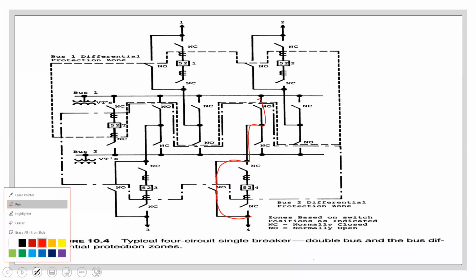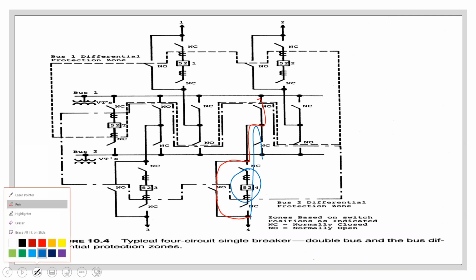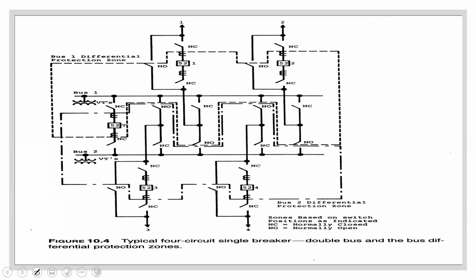Under normal circumstances, let me use the blue, I would have done this to 4. But if I have to take out the breaker, I would have gone where you have the normally open. So 4, as it is now, under normal conditions, would have been supplied by bus 2.